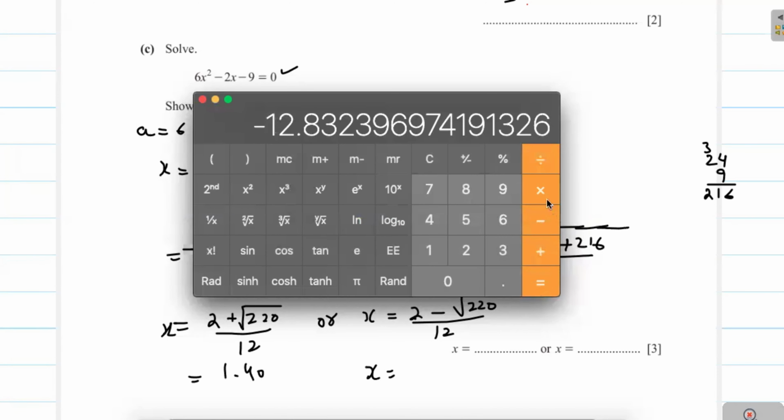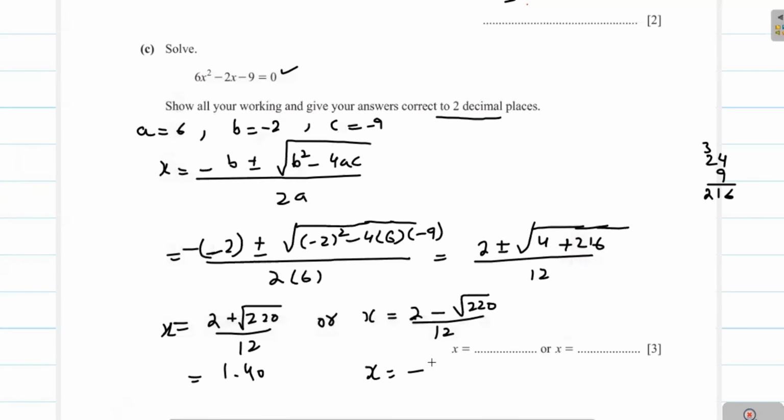This will be equal to minus 12.83 divided by 12. And this will be equal to minus 1.069. And we can write it as minus 1.07. Therefore, 1.4 and minus 1.07 is the answer.